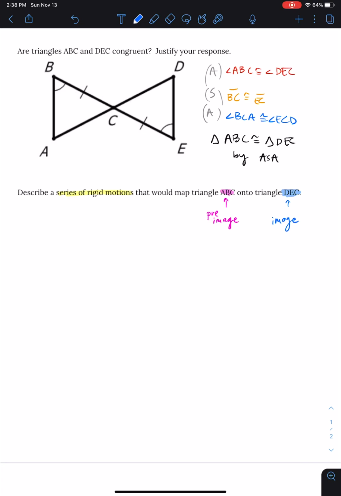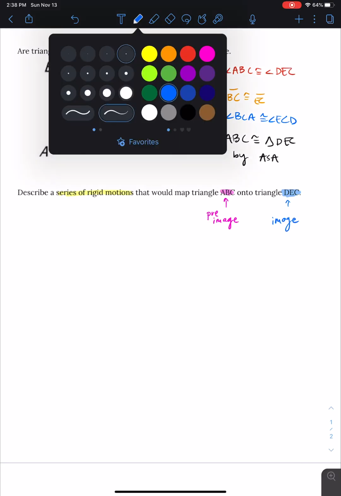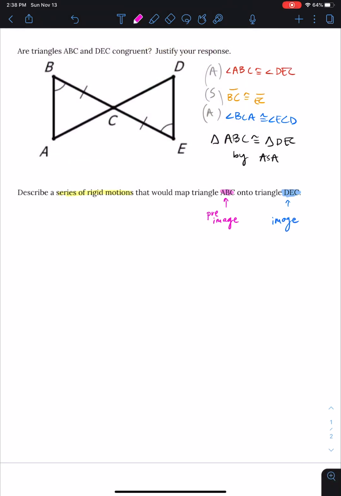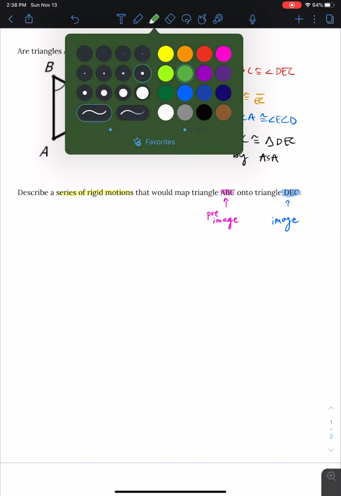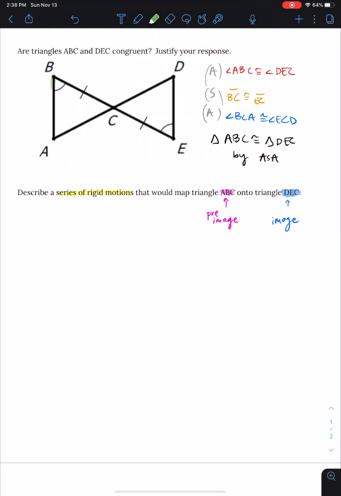The big thing when we think about mapping is that we want the corresponding parts to end up on one another. So if we think about the corresponding parts, we see that angle B corresponds with that congruent angle E.